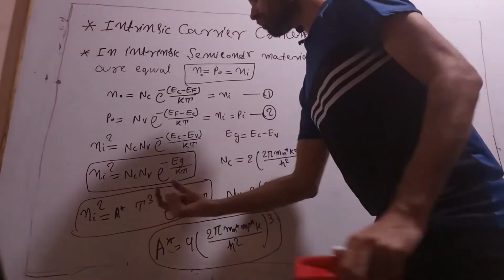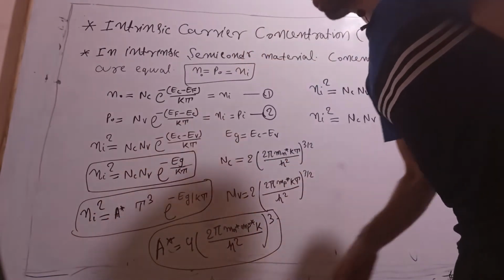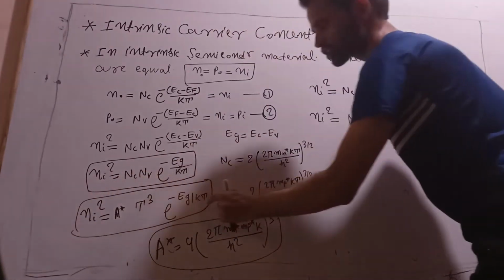This means ni square is proportional to T cube. This means the intrinsic carrier concentration is a strong function of temperature.